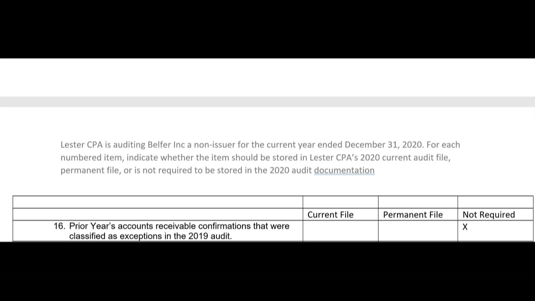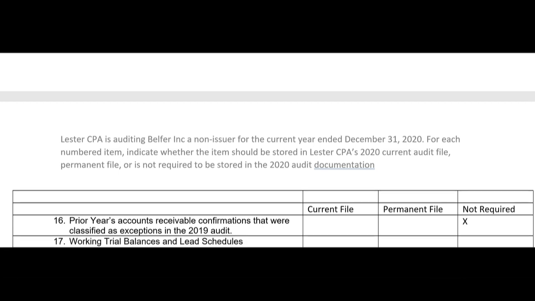We're not required to document that in this year's audit. Last year, that would have been in the current file of last year's audit. But this year, that's not an item with continuing significance. So those are not carried forward, those exceptions to last year's accounts receivable confirmations. So no requirement to document that in the 2020 audit documentation.